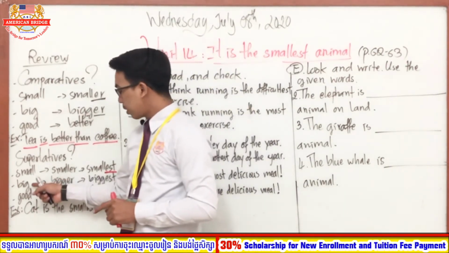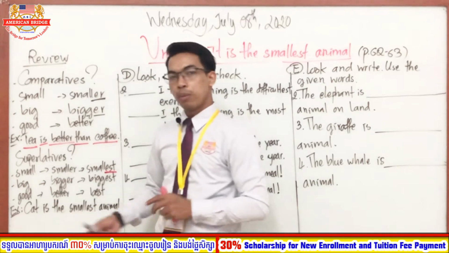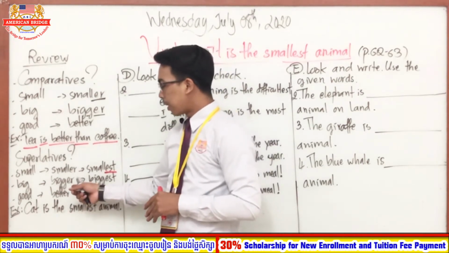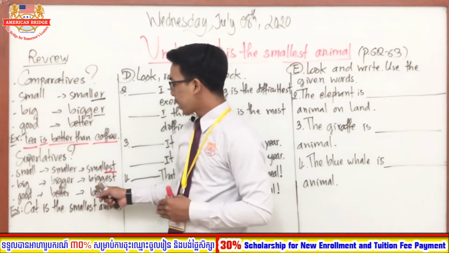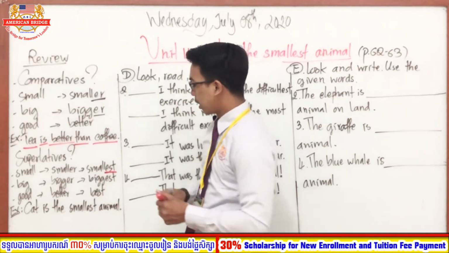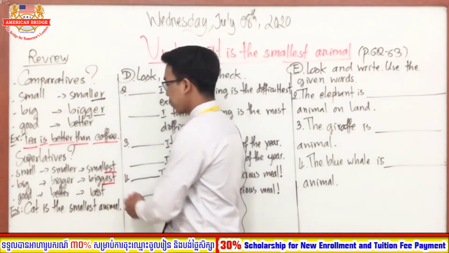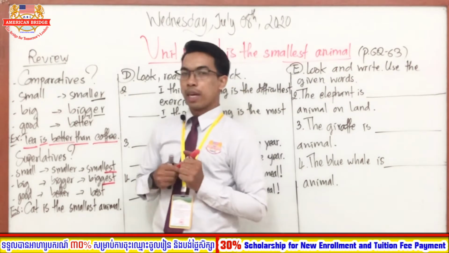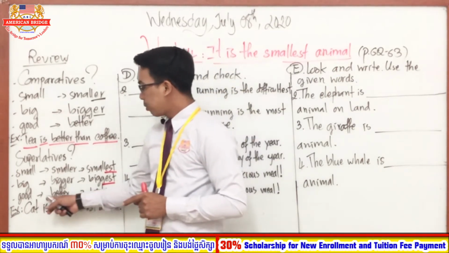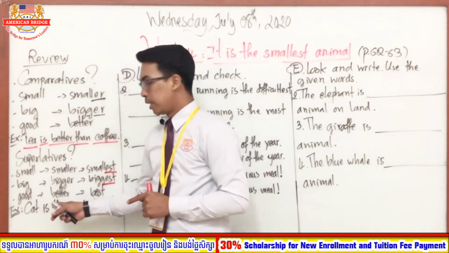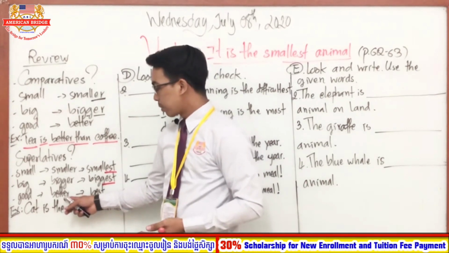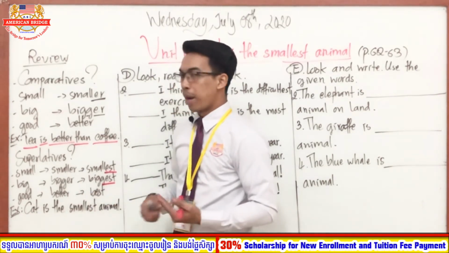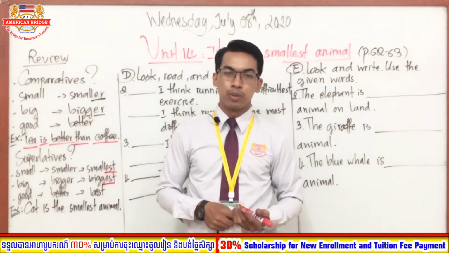Now let's move on to the next, big. One syllable too, so it becomes bigger in the comparative adjective, and in the superlative adjective it becomes biggest. Move on to the last one, good, in irregular, it becomes better, and the last one, best, superlative adjective.